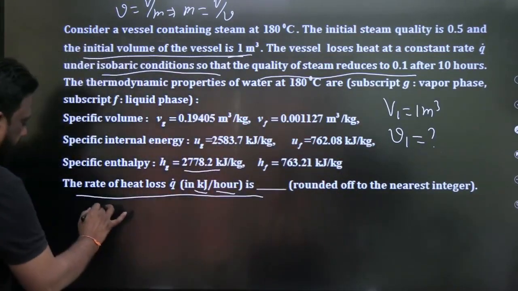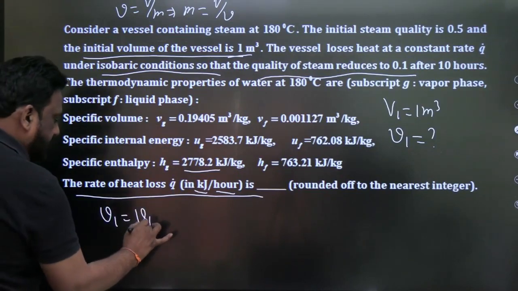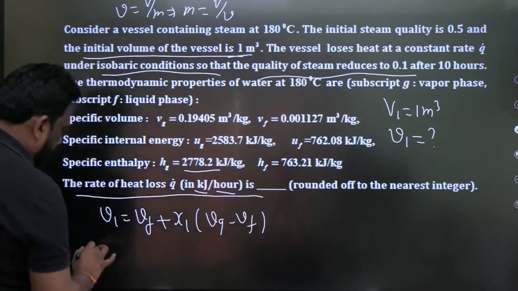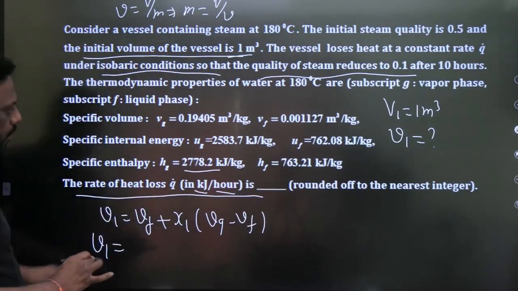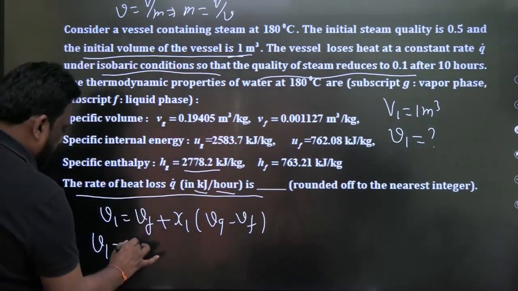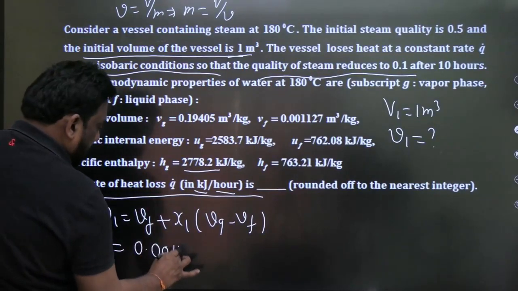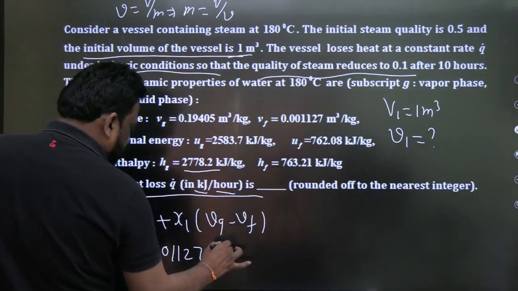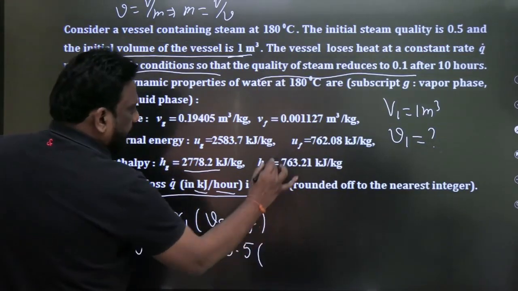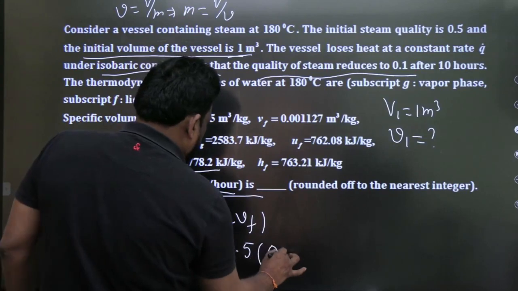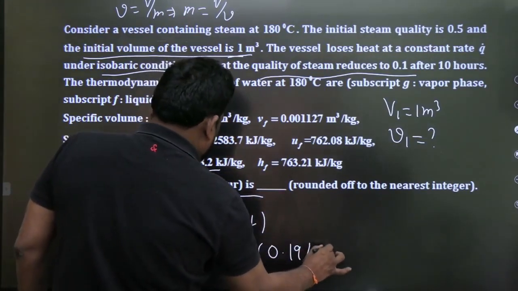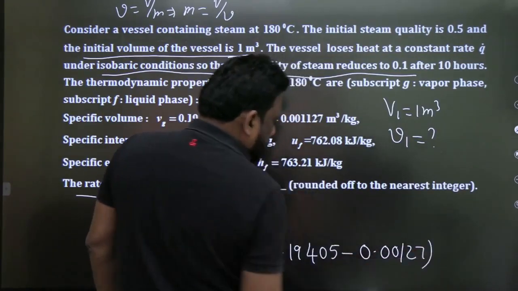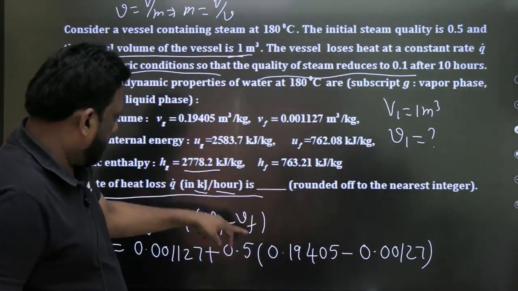So the initial specific volume is given by, as it is in the wet region, this equation. Therefore V1 is equal to Vf. What is Vf, sirs? 0.001127, plus X1. What is the initial dryness fraction? It is 0.5, into Vg, which is 0.19405, minus Vf, which is 0.001127.